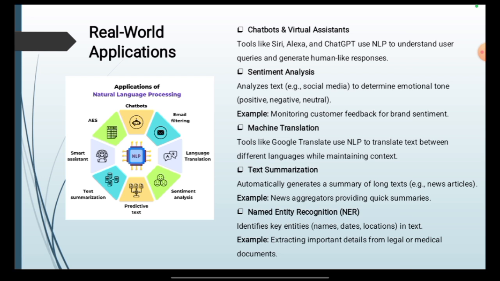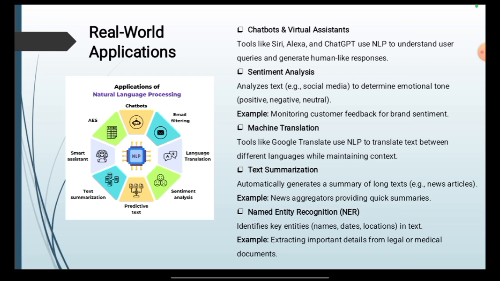Sentiment analysis: analyzes text, for example social media, to determine emotional tone: positive, negative, neutral. Example: monitoring customer feedback for brand sentiment. Machine translation: tools like Google Translate use NLP to translate text between different languages while maintaining context.